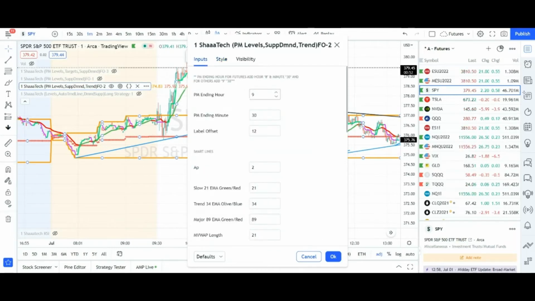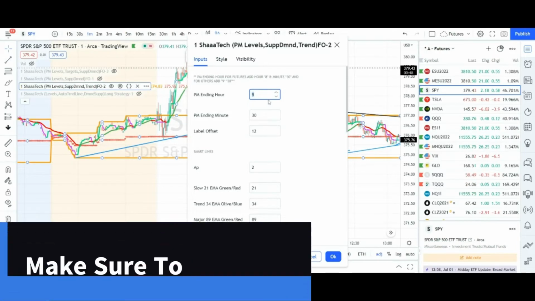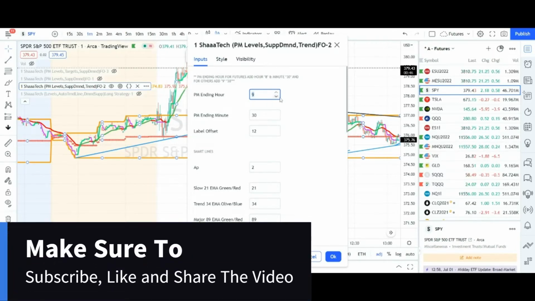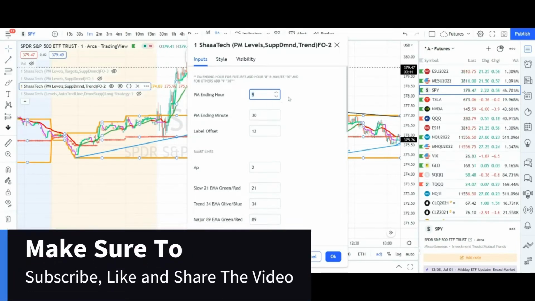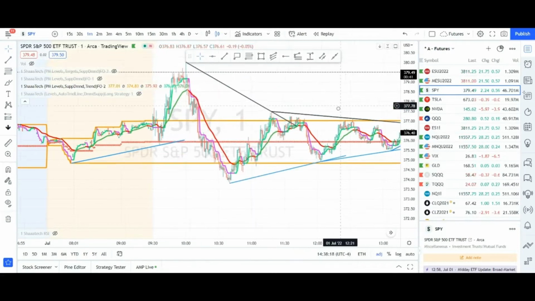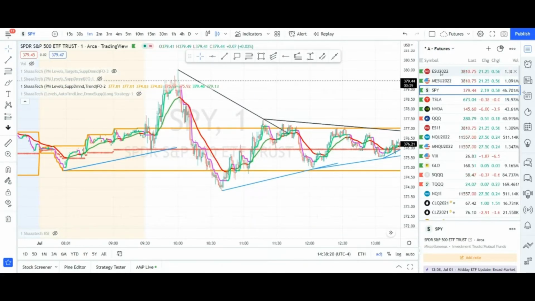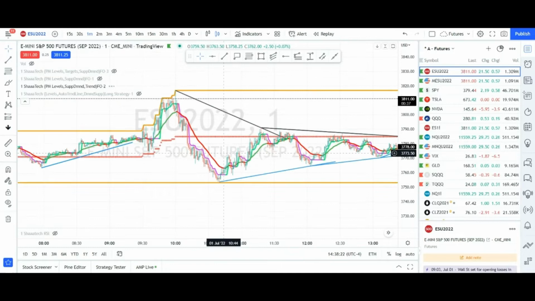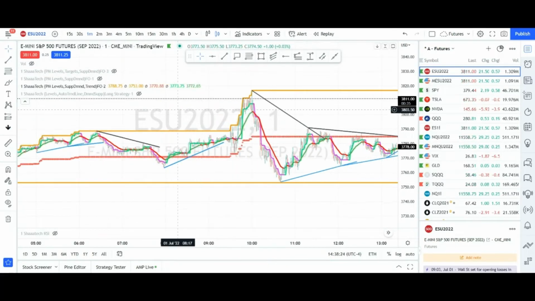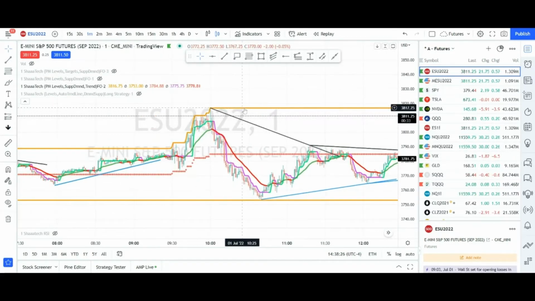So I told you that for the SPY chart and others, you need to put 9 here and 30 here. But if you are going with futures like ES or Nasdaq, here ES, if you see this candle, this was the highest candle.